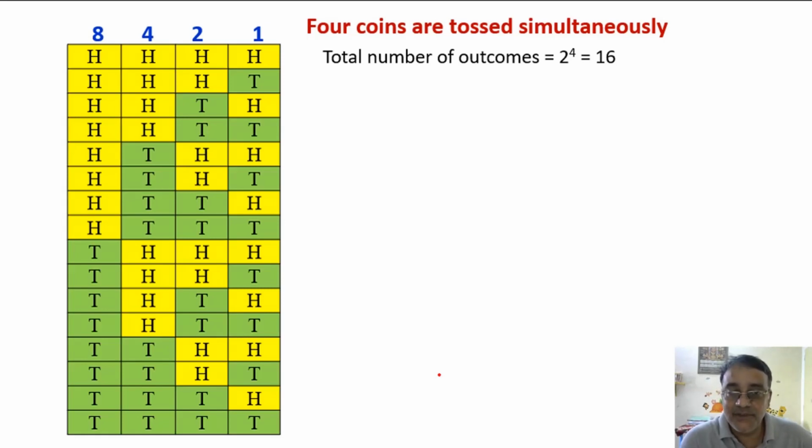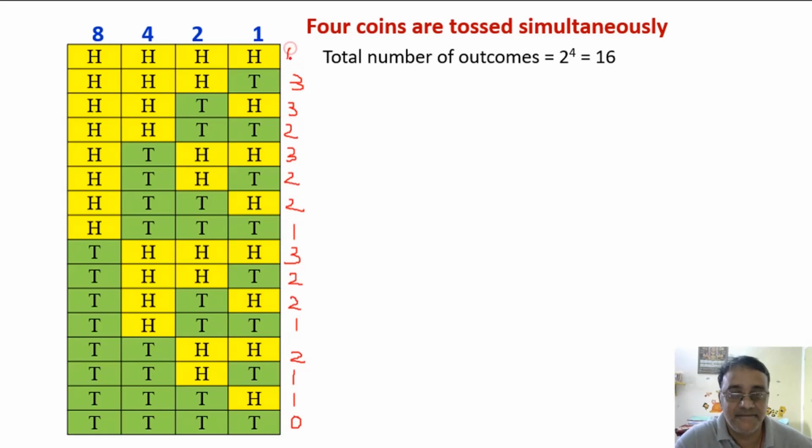Now let us move towards the number of heads and tails. So we will count the number of heads. Here how many? 0. Here 1. 1. 2. 2. 1. 1. 2. 2. 3. 1. 1. 2. 2. 2. 2, 2. 3. 3. 2. 2. 3. 3. 3.